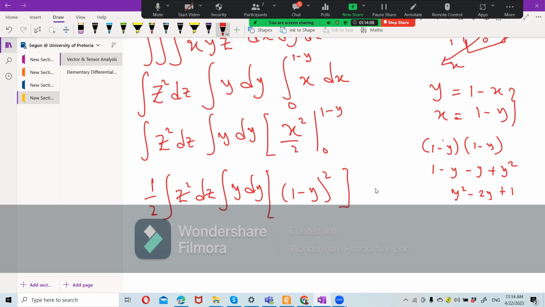After that, so now let me explain. We have 1 over 2 integral of z squared dz. Now, for us to get the limit of this, it has to be zero to 1. Substitute everything here back to this place to replace this. What do you have?